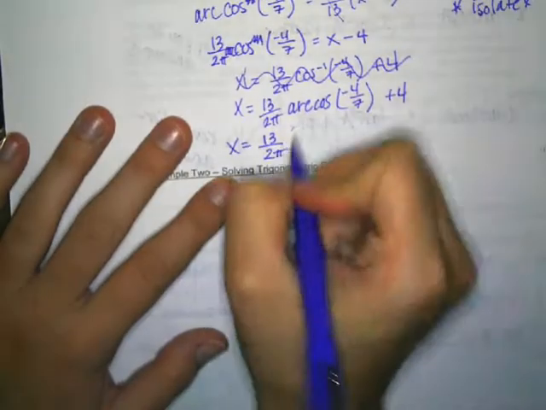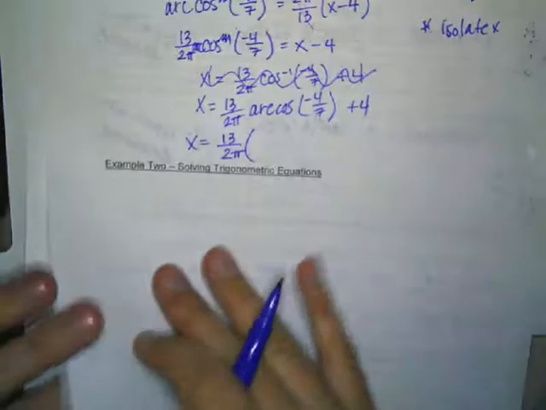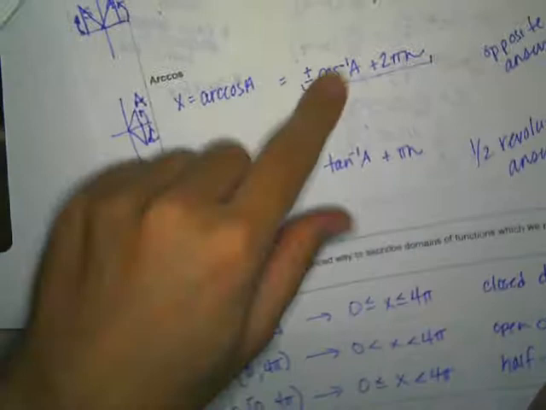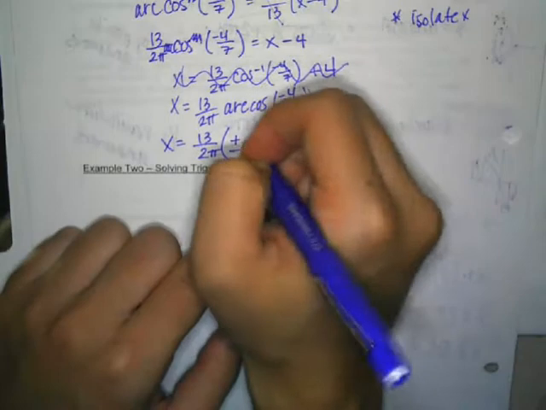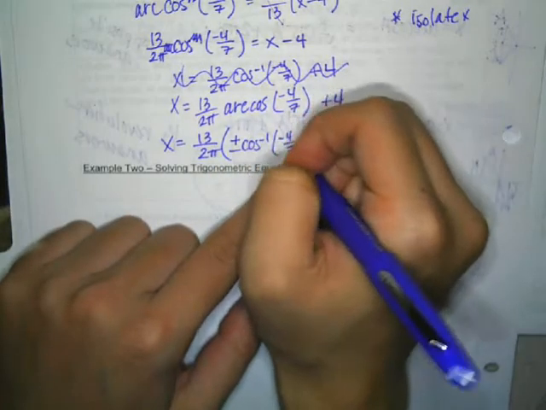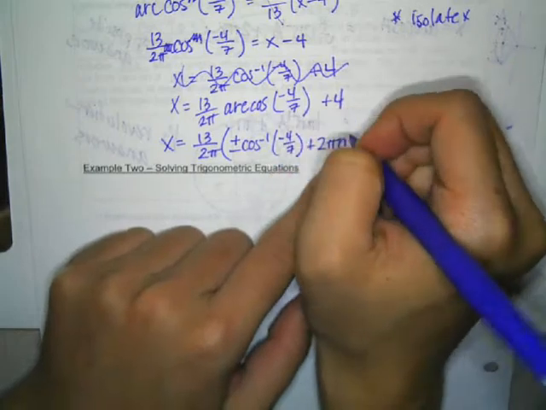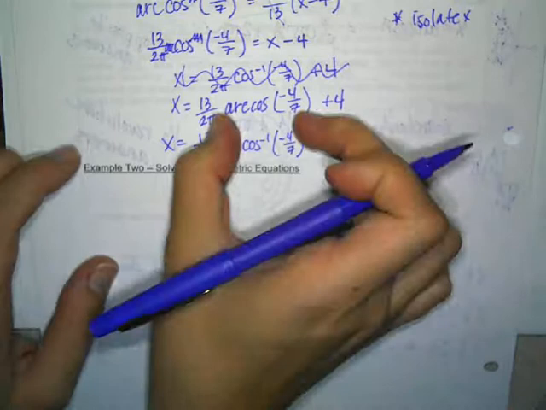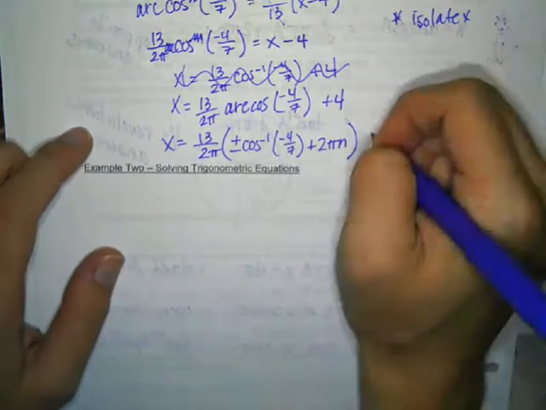And then this arc cosine of negative 4 over 7, that's going to change to plus or minus cosine to the negative 1 of a, plus 2 pi n. Okay, so this was replaced with what it's equal to in terms of the general solution. And then we add 4.